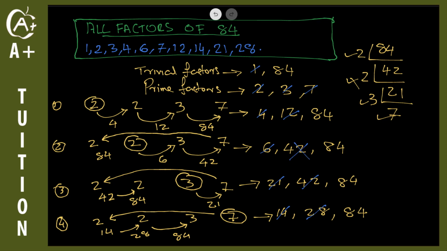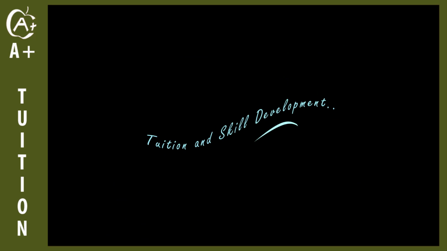So 42, strike it off. 84. Of course the last trivial factor is 84. And 84 is repeating in many other places. Just ignore it, strike it off. This being a set, we know the elements of a set never repeat, so no need to write it twice. We got all the factors of 84.